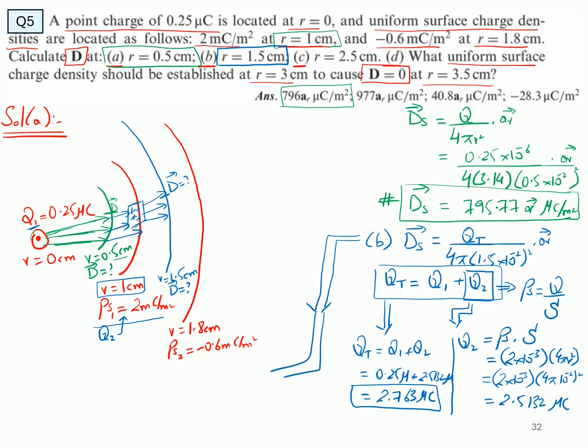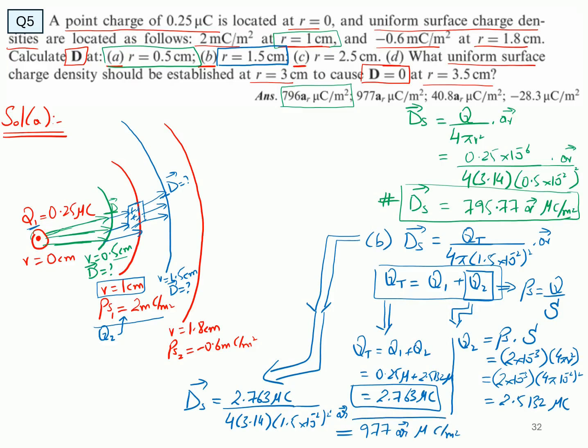So the electric flux density for this complete value comes out to be 2.763 microcoulomb divided by 4 into 3.14 into 1.5 into 10 raised to power minus 2 whole square into a of r, and the final answer comes out to be 977 a of r microcoulomb per meter square.